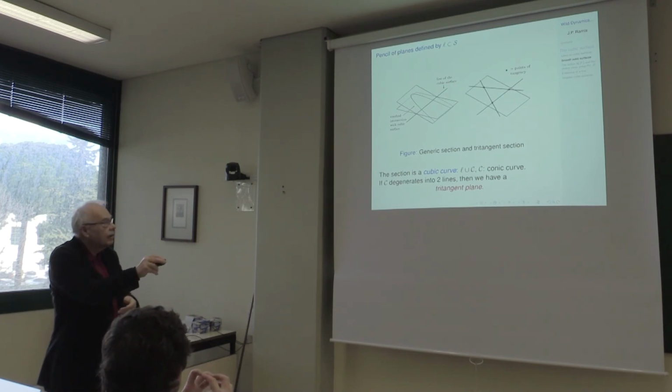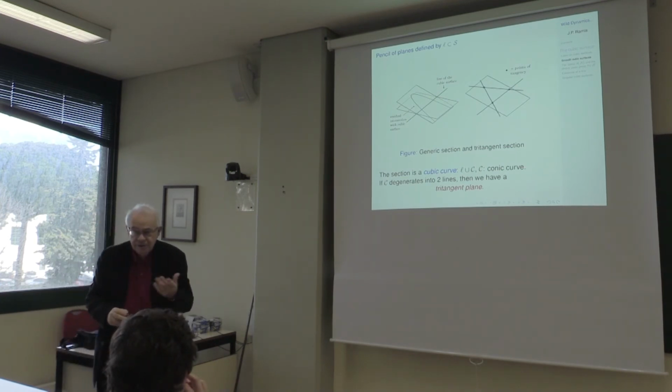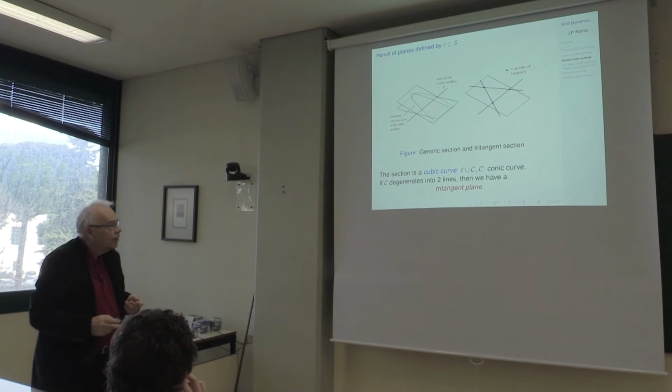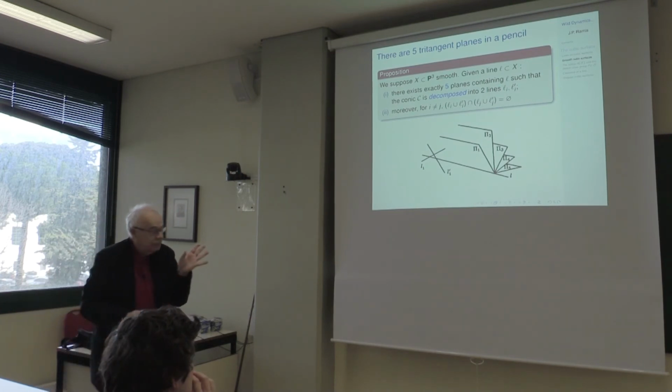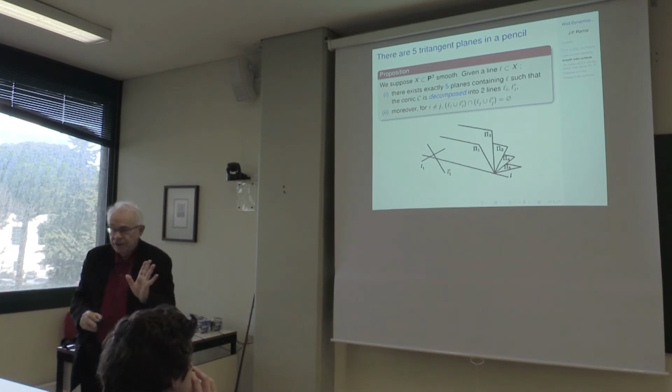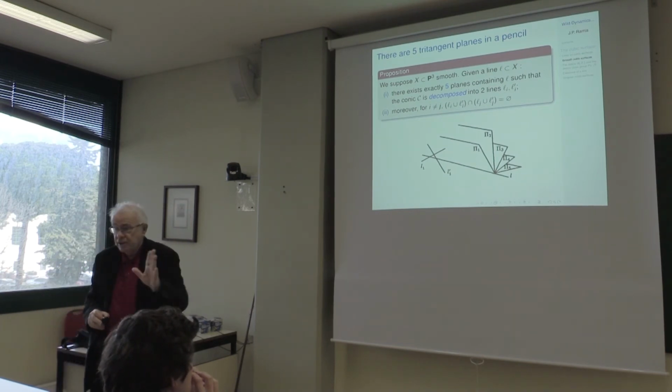It is this triangle. Okay, so this picture is, for many reasons, very important for Painlevé. So a fundamental result is that generically you have 5 tri-tangent planes in a pencil. Now it depends on the cubic surface.